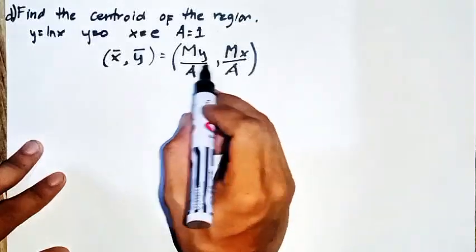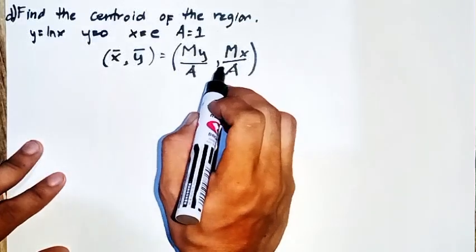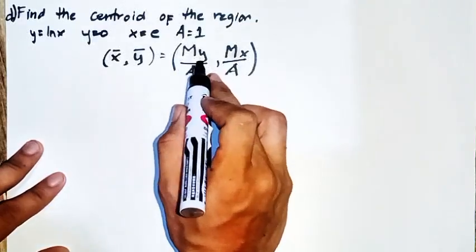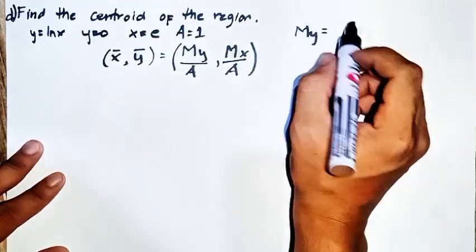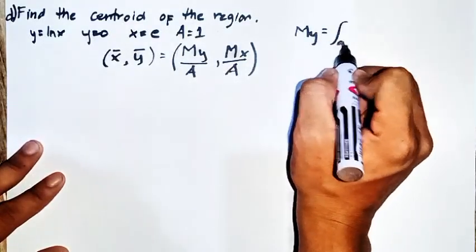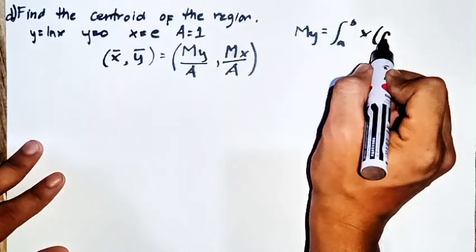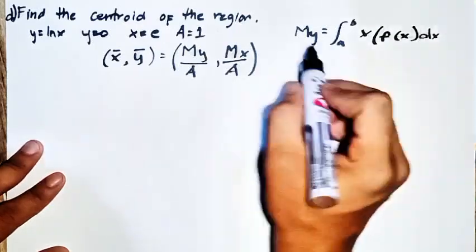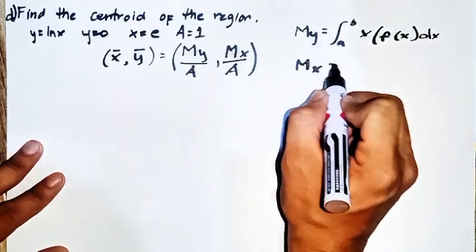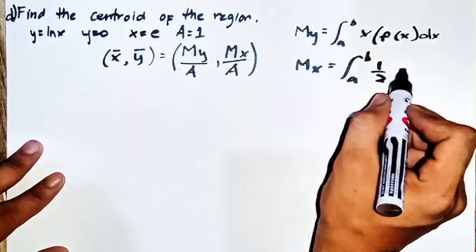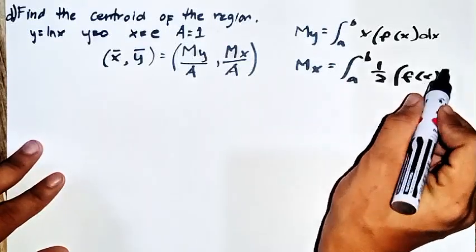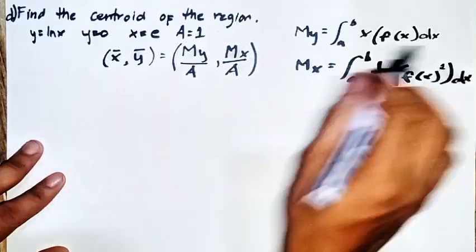Now let's go back here, where we have My over A and Mx over A. To find My, since we already have the area, let's use the formula integral from a to b of x f of x dx. And for Mx, the moment about the x axis is the integral from a to b of 1/2 f of x squared dx.